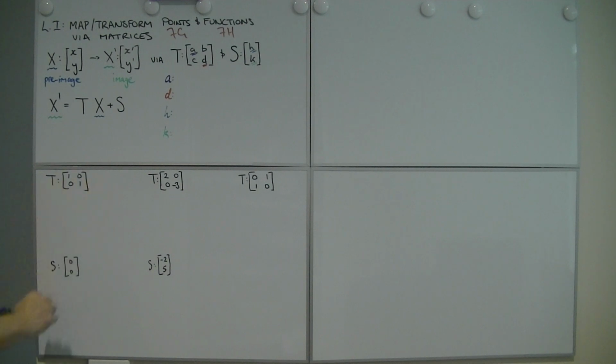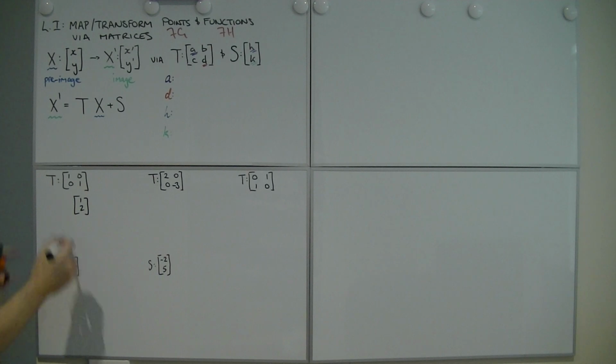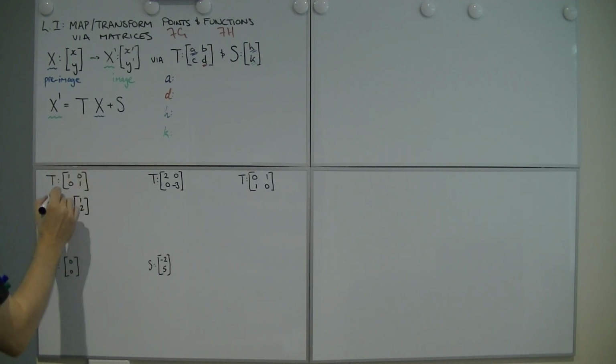Great, so I want to run this transformation on some point. So let's say I'm going to pick a point, nice boring point, 1, 2. Okay, I want to run this transformation on it, so this matrix is going to be to the left of it. 1, 0, 0, 1. Cool, and that's going to equal my new position matrix. Great.